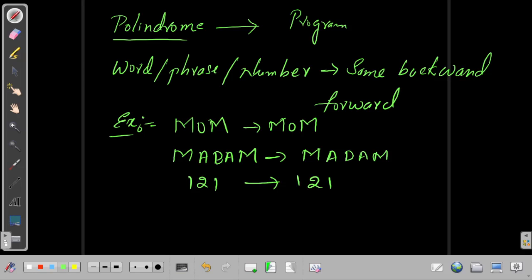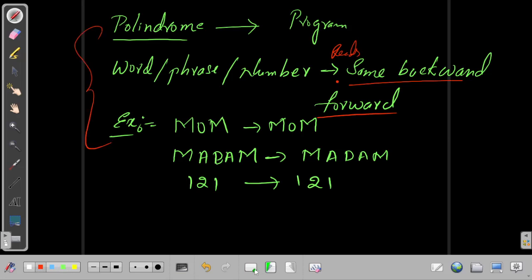So this is a concept you should remember. Palindrome is a word or phrase that reads the same backward and forward. So this is the concept of palindrome, right?